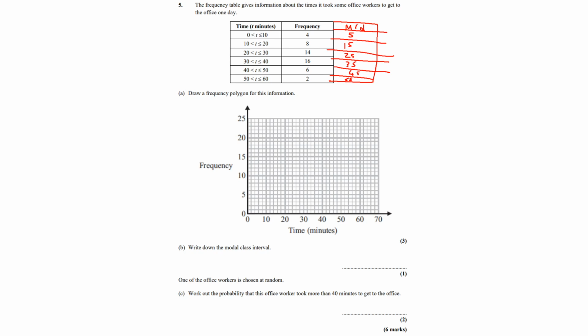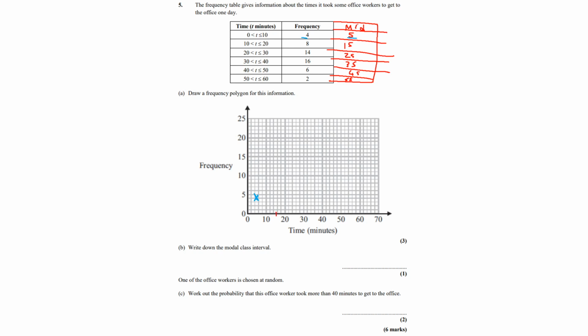So, for the first one, it's going to be at 5, 4, which is around about here. My grid is not the best here. There. Okay? At 15, it's going to be at 8.